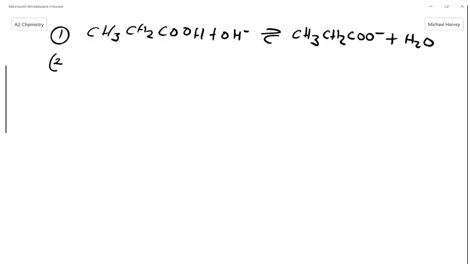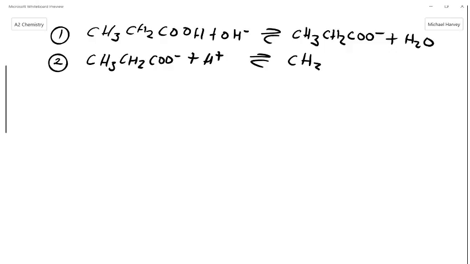The second reaction that could be happening is that we have the conjugate base reacting with protons and going back to form the monoprotic acid, propanoic acid in this particular case. That's equation number two. So in the first question, 1D, we're going to be focusing on 1.